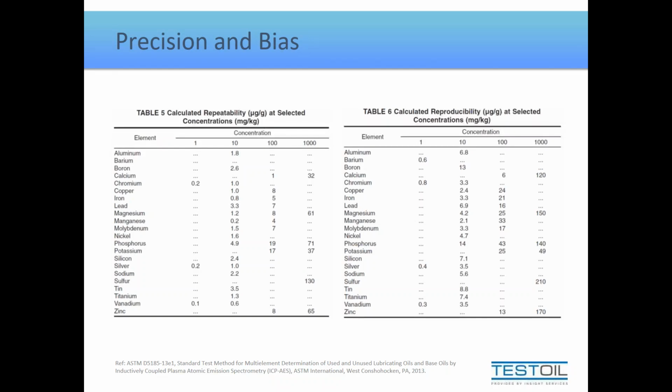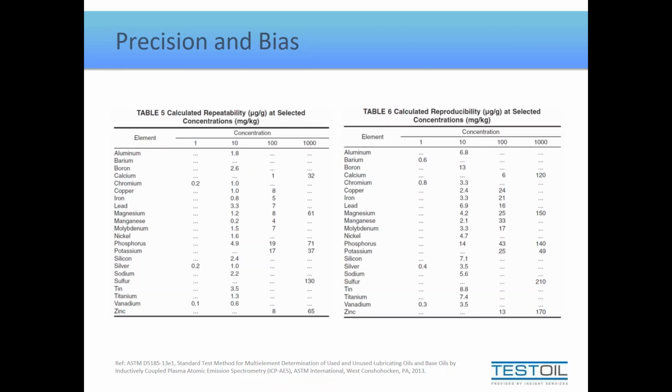Now, if you pick something relatively common like iron at 100 parts per million, you notice on the repeatability chart it has a value of 5. This is the allowable variance between 2 measurements. It's not a plus or minus value, it's an allowable variance. So it can vary by up to 5 parts per million at a concentration of 100 parts per million. That is how close we're expecting a sample to be analyzed twice in a row.